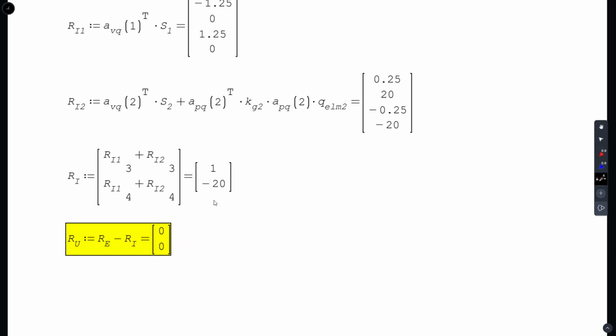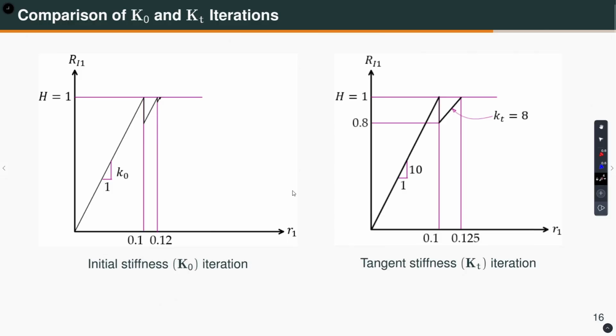So if you use the tangent stiffness iteration. These files are shared, both SMath as well as the PDF version, feel free to go through them carefully. Pictorially, if I show you, if I plot only the internal force in the DOF 1 and the corresponding displacement R1 for initial stiffness iteration.